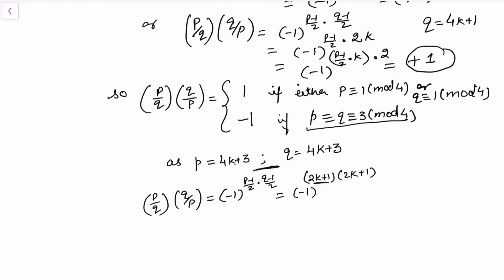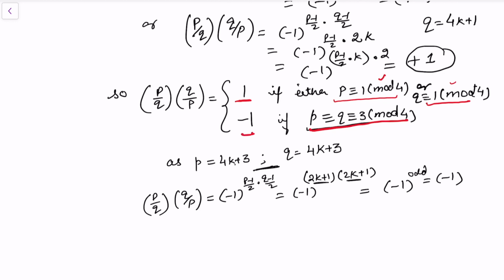So these both are odd. Odd multiplied by odd gives me an odd quantity. So this means -1 to the power odd, and hence this will give us -1. So this condition says that whenever either P is congruent to 1 or Q is congruent to 1, any one of them will hold, I am going to get a plus 1. If both are congruent to 3 modulo 4, then I am going to get -1.